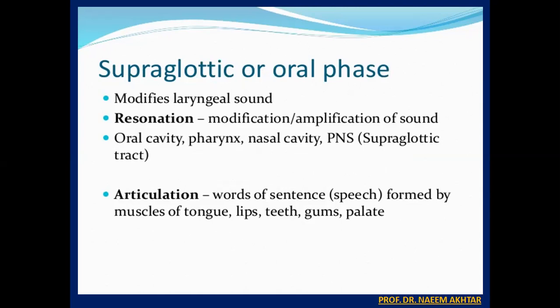In this way, the sound is modified and amplified with the help of the oral cavity, pharynx, nasal cavity, and paranasal sinuses. And after this, the sound which is produced is articulated in the form of words and sentences, that is, the speech is formed by the help of muscles of the tongue, lips, teeth, gums, and palate.